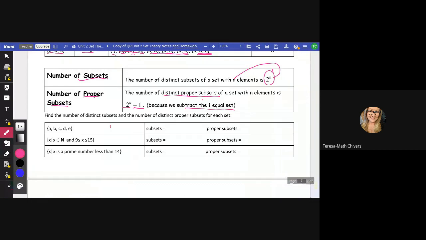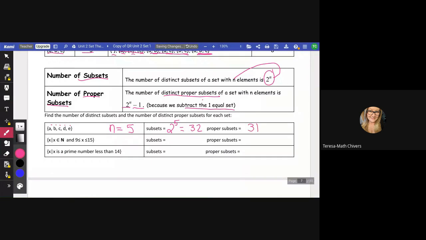So first we have to find n. There's 1, 2, 3, 4, 5 items in that set. So the number of subsets is 2 to the 5, which is 32. And proper subsets would be minus 1, so 31.